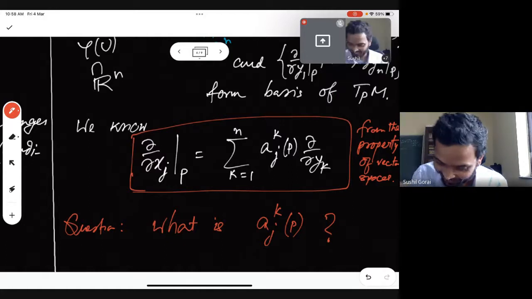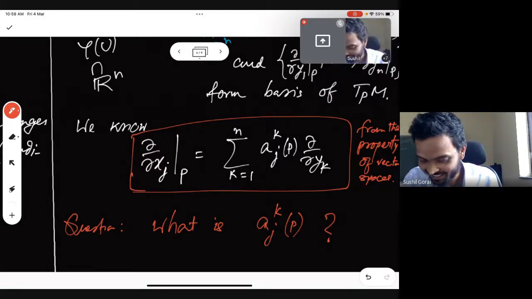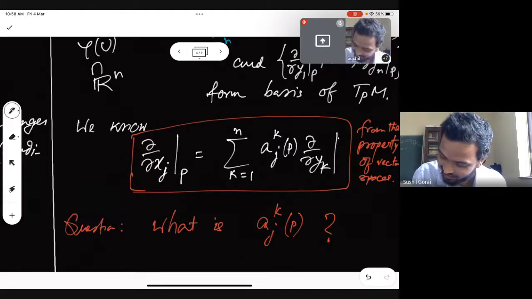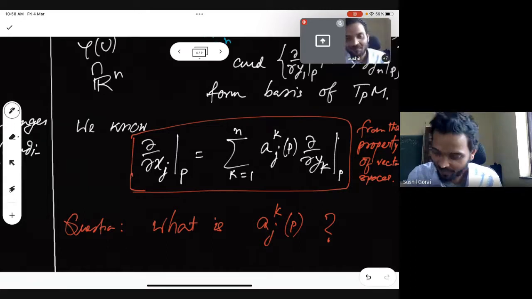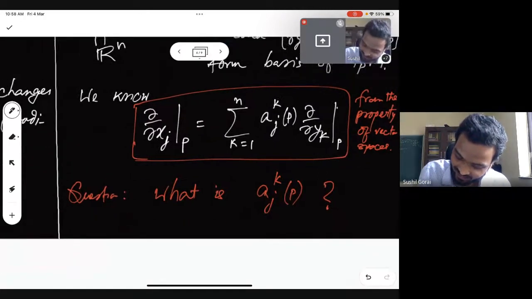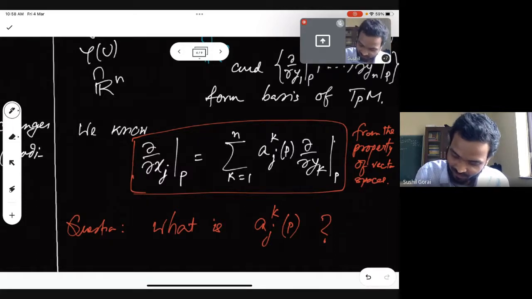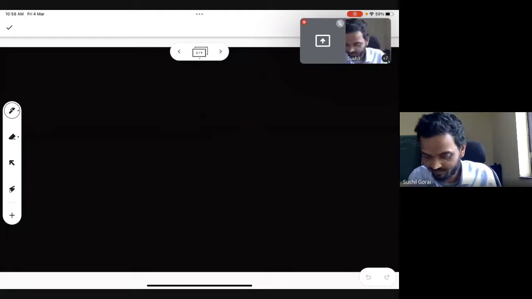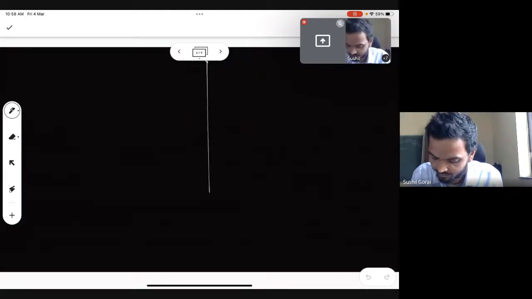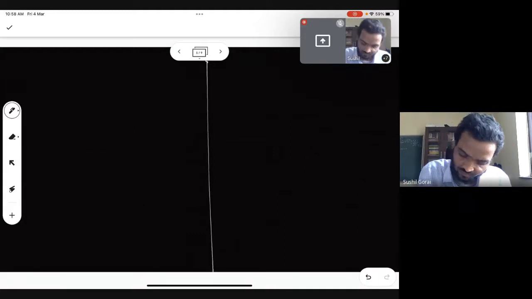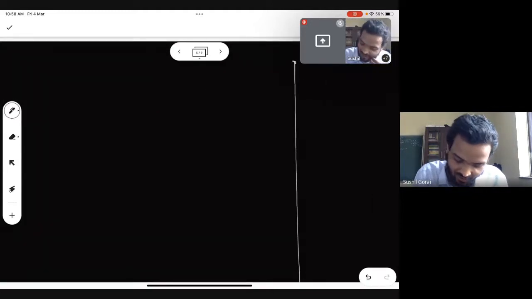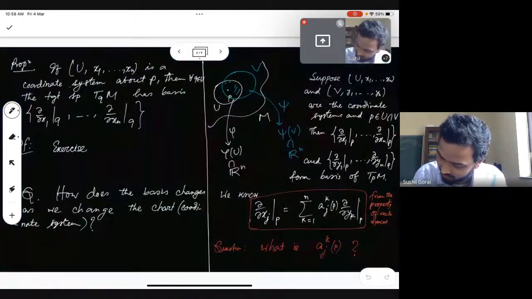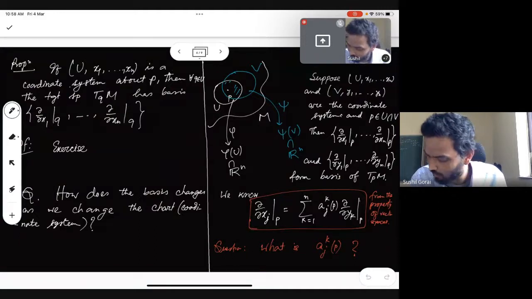But what you need to know is that this is true for all p. So we apply the function yi.